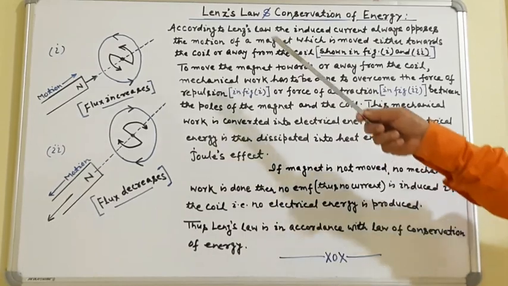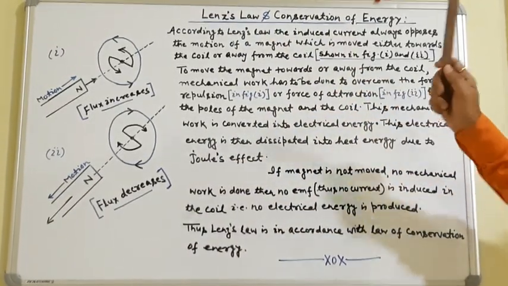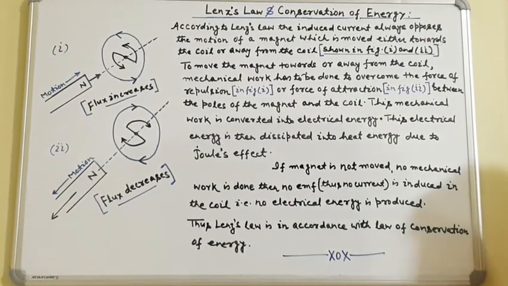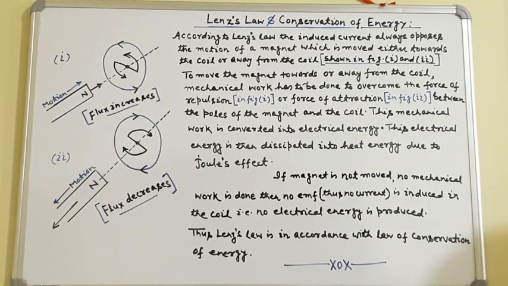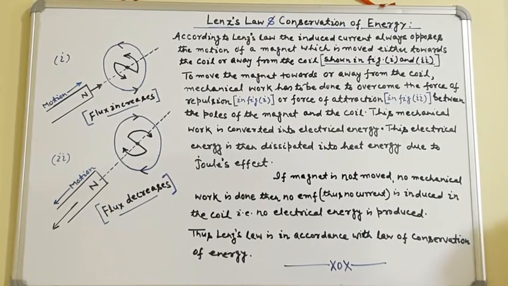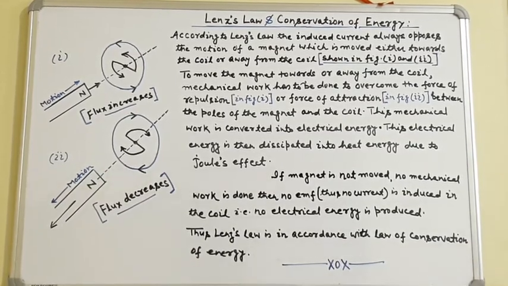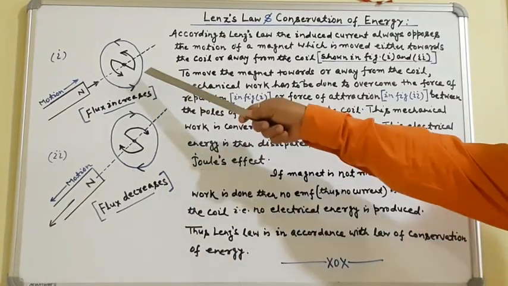Now we shall discuss Lenz's law and conservation of energy. One question may arise: is Lenz's law a consequence of the law of conservation of energy? We shall try to find out the answer to this question with the help of both these figures.